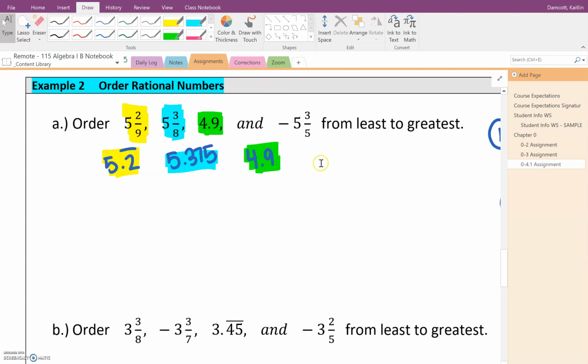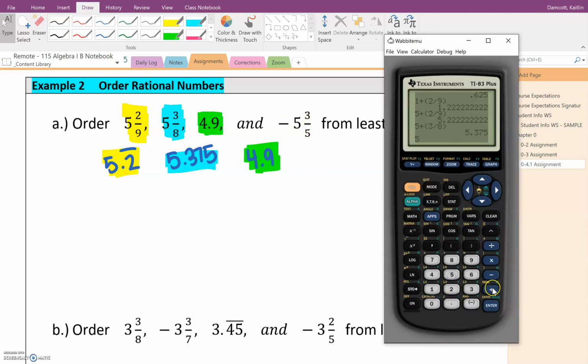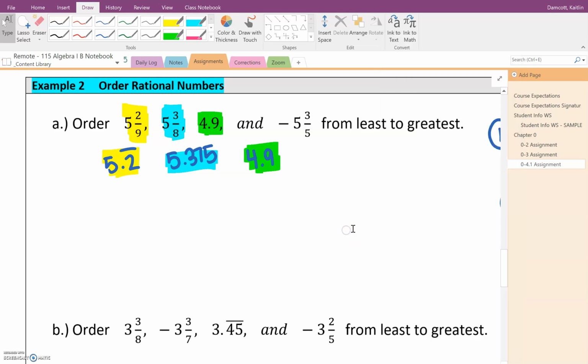And then finally, the last piece here, we have negative 5 and 3/5. So this you have to be very, very careful with. Whenever you have a negative mixed number like this, with a whole number and a fraction, you kind of ignore the negative to put it in your calculator. So I'm going to do 5 plus the 3/5, just like that, and get my decimal. So it's 5.6, and then I need to remember to add the negative in afterwards.